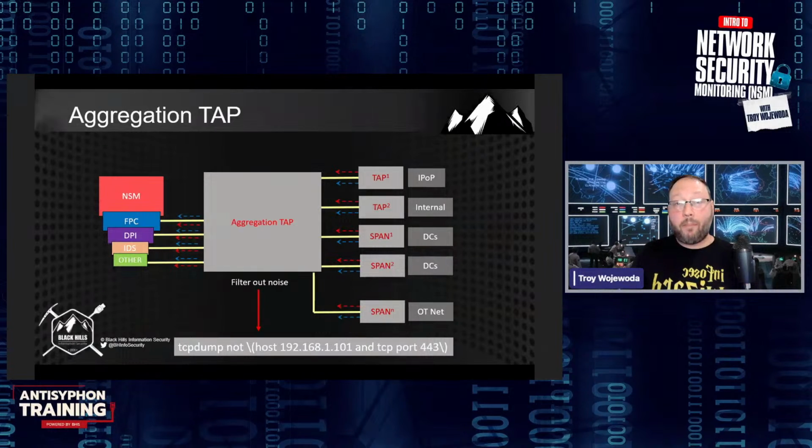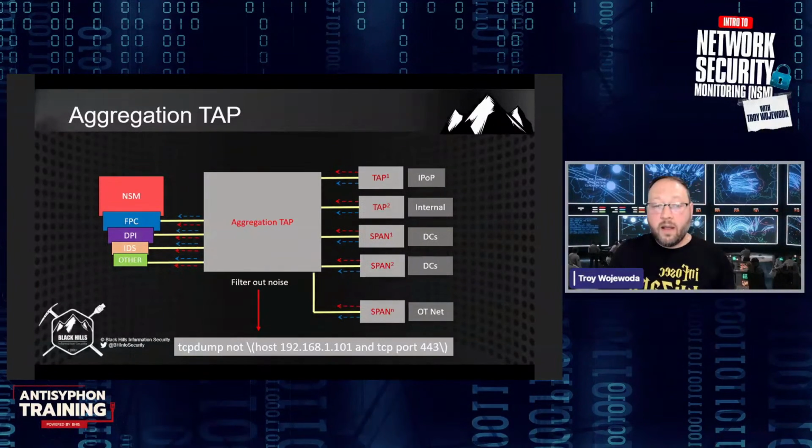You may have the opportunity to collect some other information from other segments in your environment and bring that back to an aggregation tap, which then consolidates all that traffic to aggregate out to each individual output.